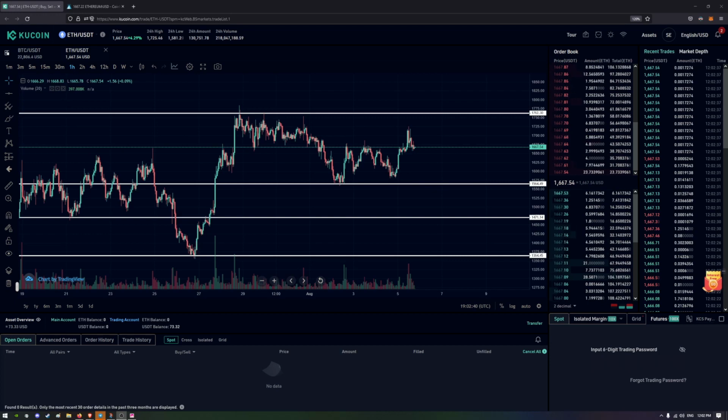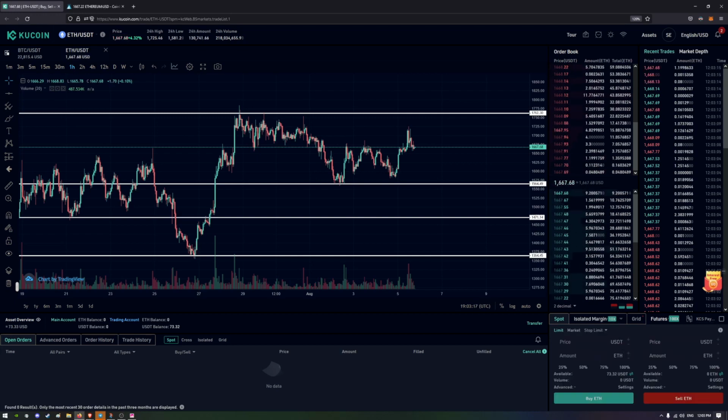So for this example, we're going to use the isolated margin on KuCoin. If you come over here to the right hand side where you'd normally put your order in, you're going to select isolated over cross. Cross margin means that your wallet balance is now shared across multiple coins.